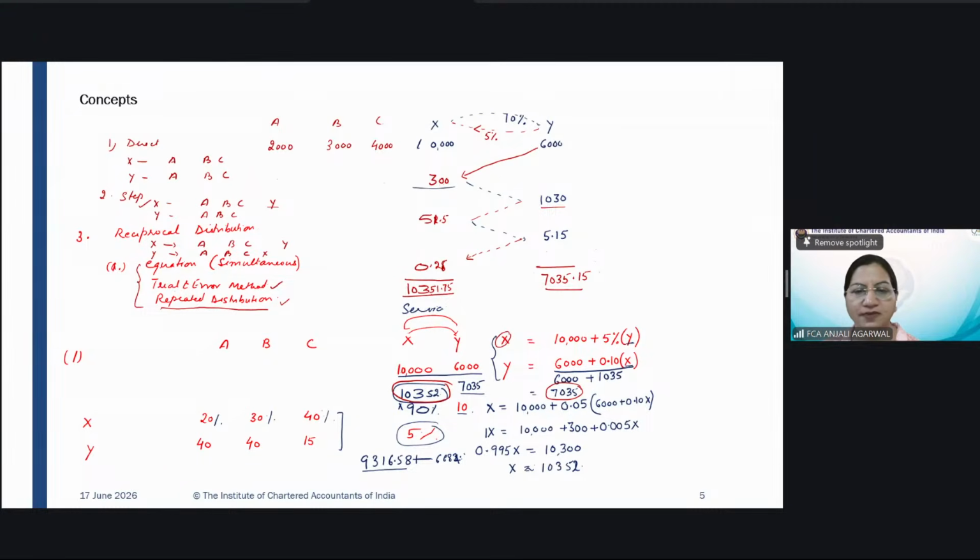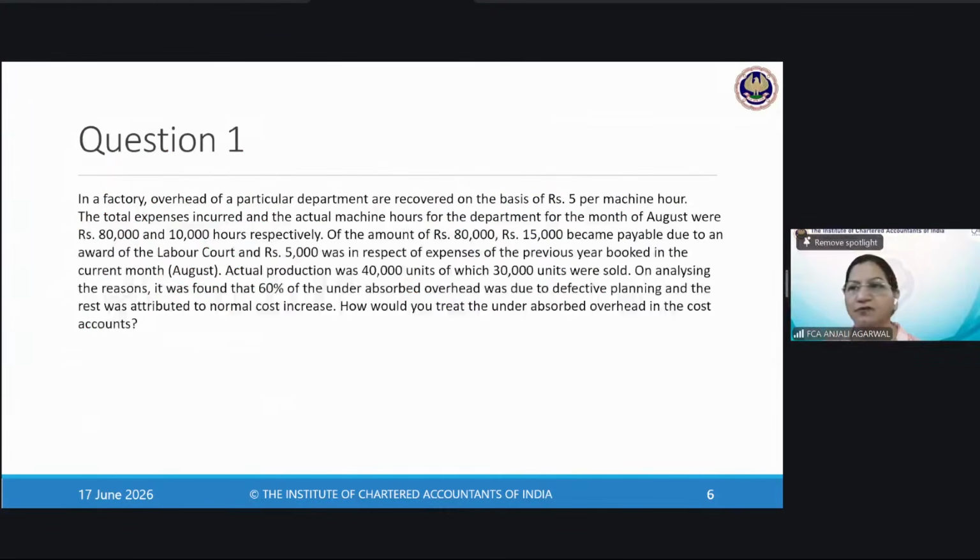Let's take a question which is based on absorption and under absorption and over absorption. Before that, let me explain what is absorption now. Absorption means you establish a predetermined rate.